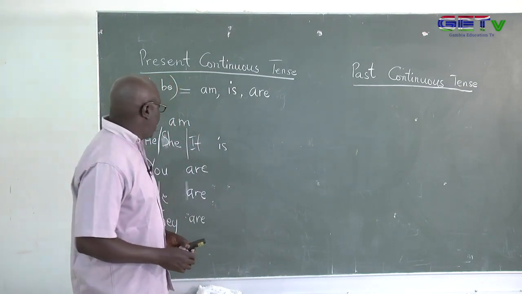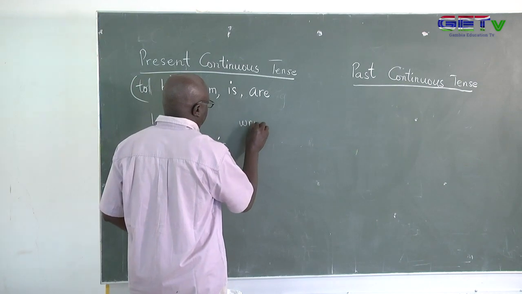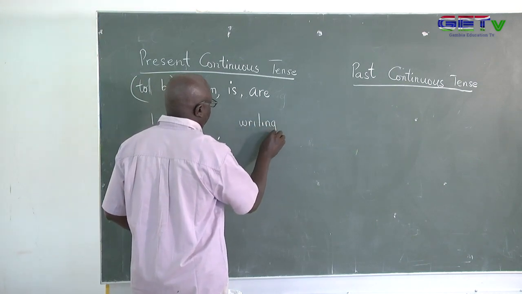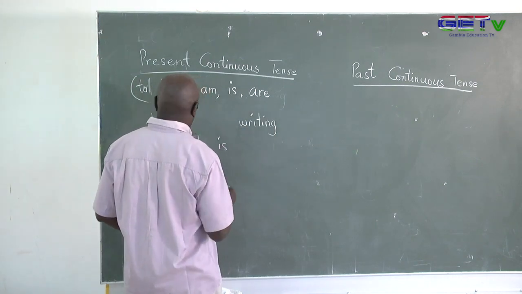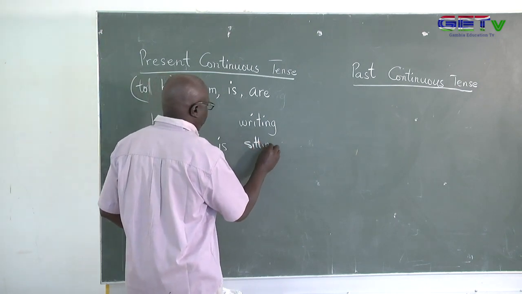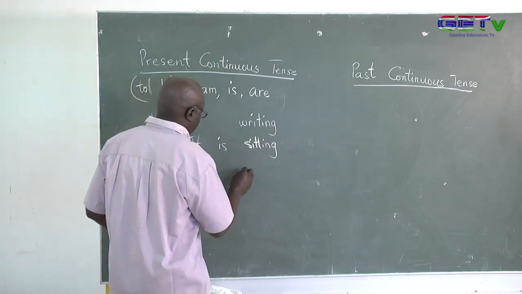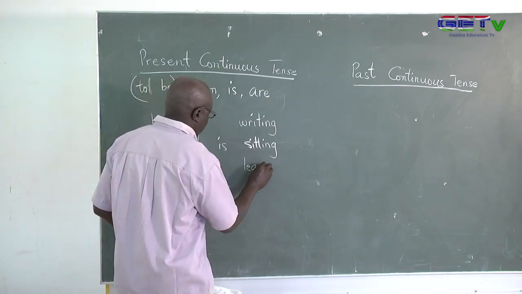For example, I am writing. I am writing on the board. She is sitting in the house. You are learning grammar.